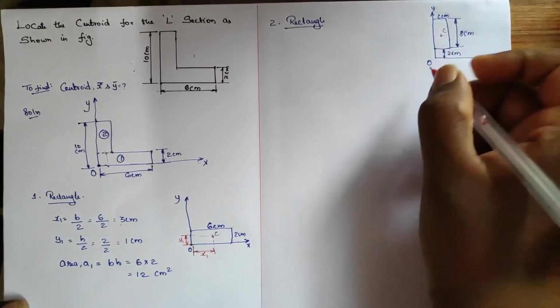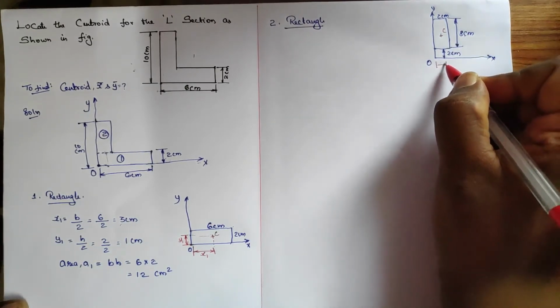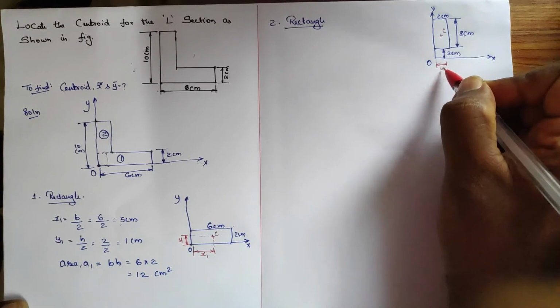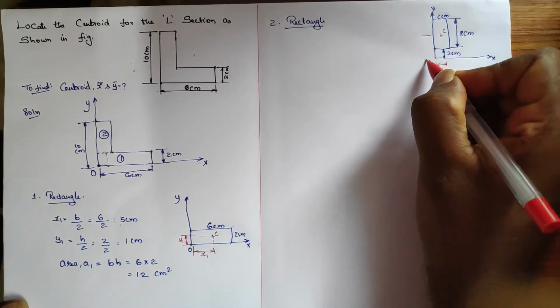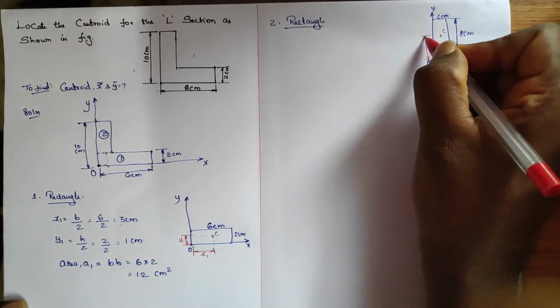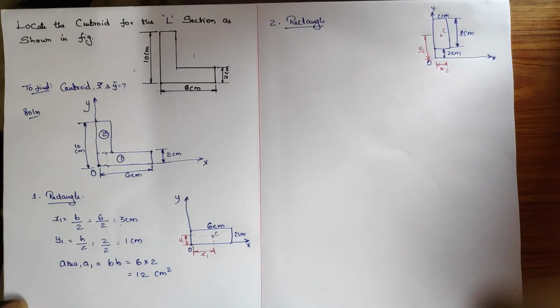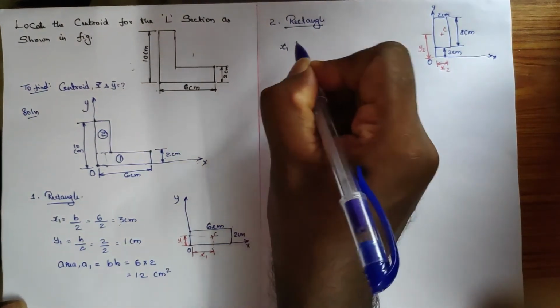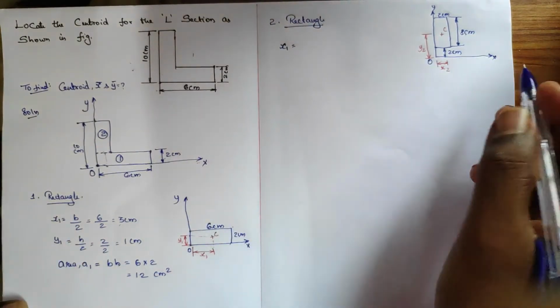So for the centroid, approximately from this O to this measurement we need to find x2, and this y distance we need to find from O. That is very important. We are going to find from O, which is y2. Okay, these two we need to find. So first x1, it's a rectangle, so the similar formula, b divided by 2.